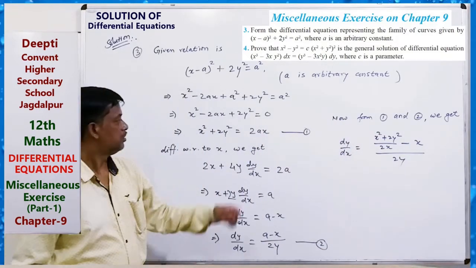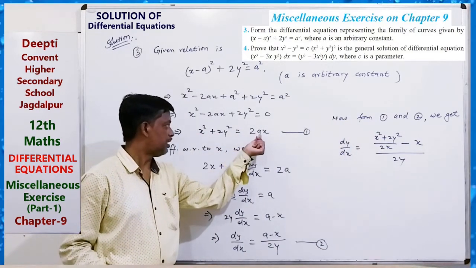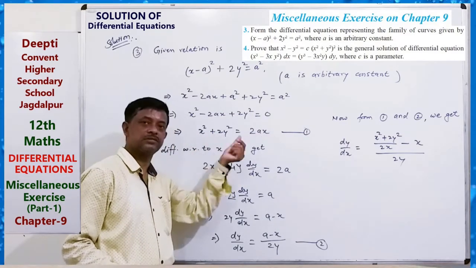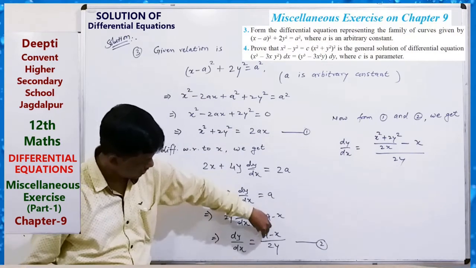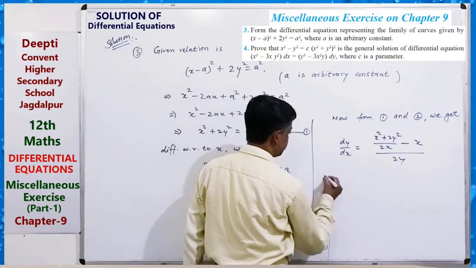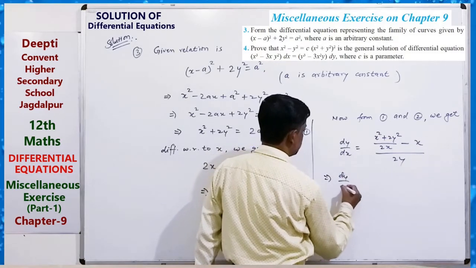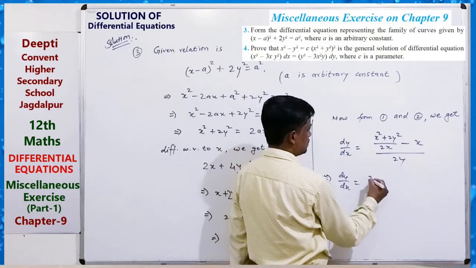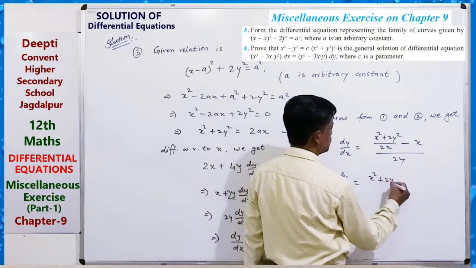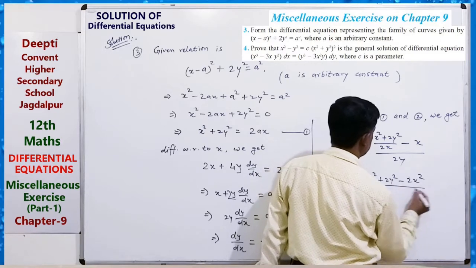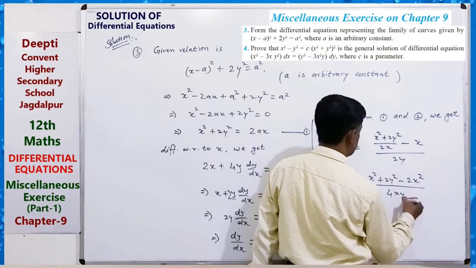Just take a equals x square plus 2y square upon 2x and put it here. So dy upon dx equals, we can solve it, x square plus 2y square minus 2x square upon 4xy.